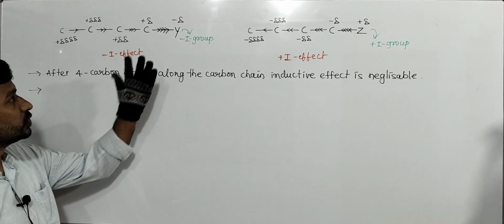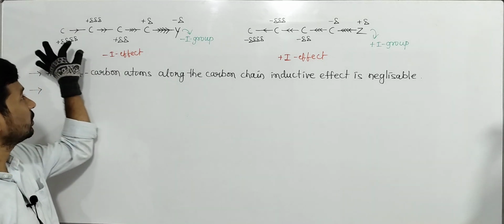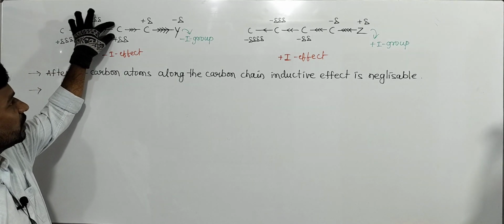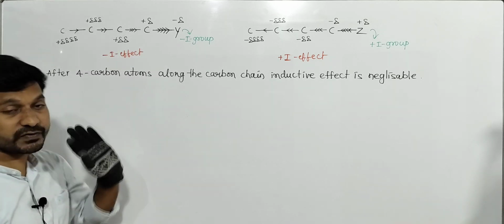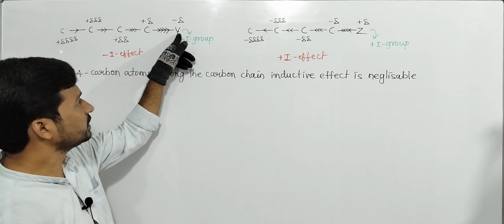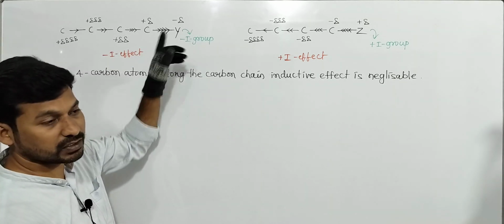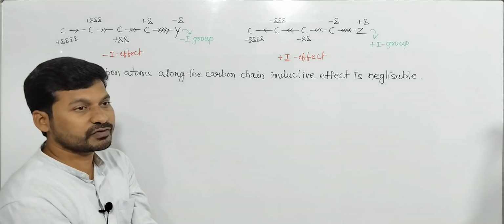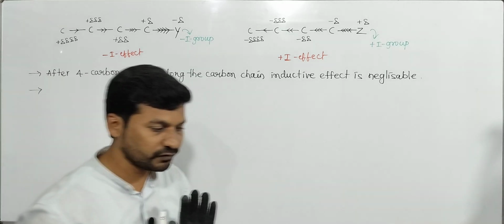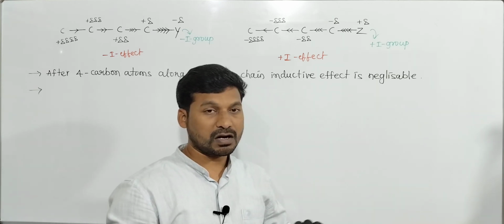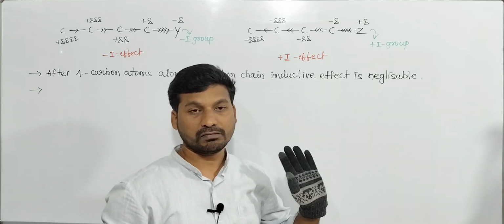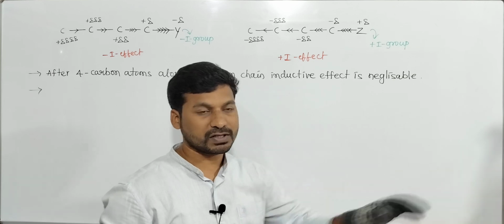Next point. Due to the inductive effect, partial shift of bond pair electrons along the carbon chain takes place, not a complete shift. If this Y takes the electron, it becomes completely negative. But I am not talking about complete taking by Z. Just the bond pair shifts towards Z, but not Z taking away the electron. Just a partial shift.